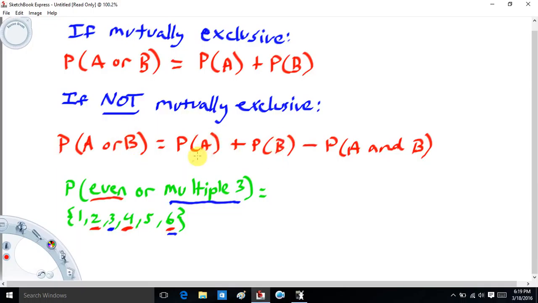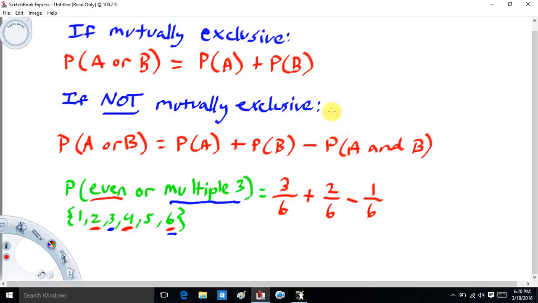So the probability of rolling an even is 1, 2, 3 out of 6. And the probability of rolling a multiple of 3 is 2 out of 6, the ones in blue. And minus the probability of A and B, that's going to be 1 out of 1, 2, 3, 4, 5, 6, 1 out of 6.